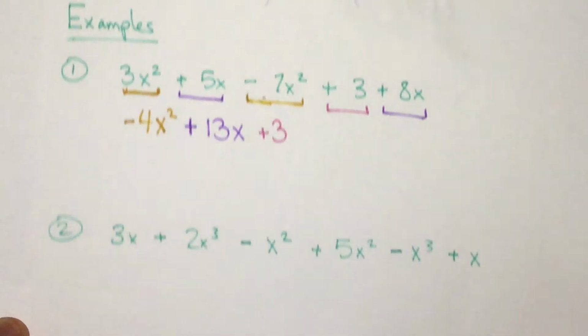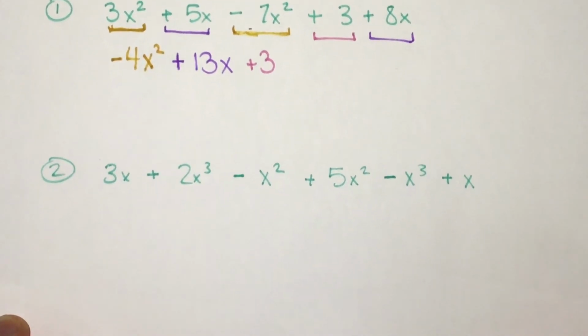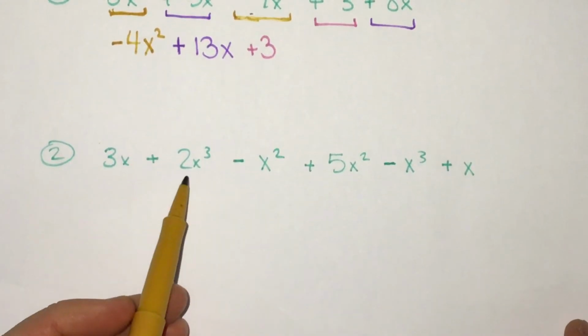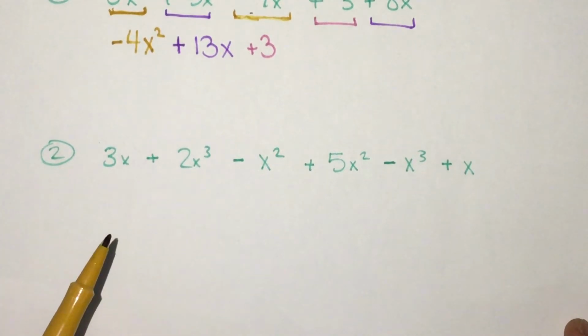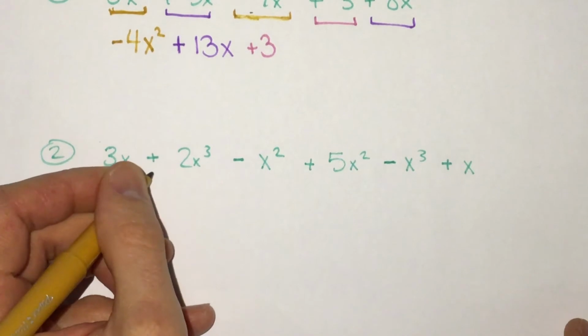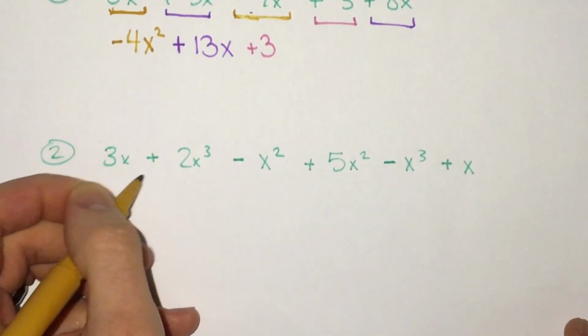Let's look at one more example, where we have multiple powers. This one, we have 3x plus 2x cubed minus x squared plus 5x squared minus x cubed plus x. So we not only have x's and x squareds, we also have x cubes. I'm going to start with the highest exponents just to keep everything in order.